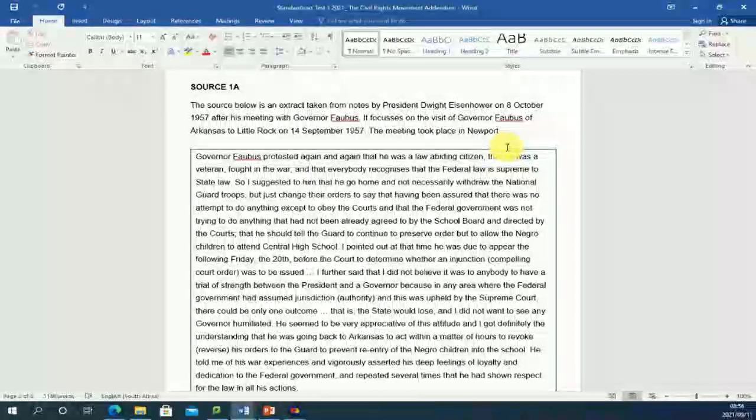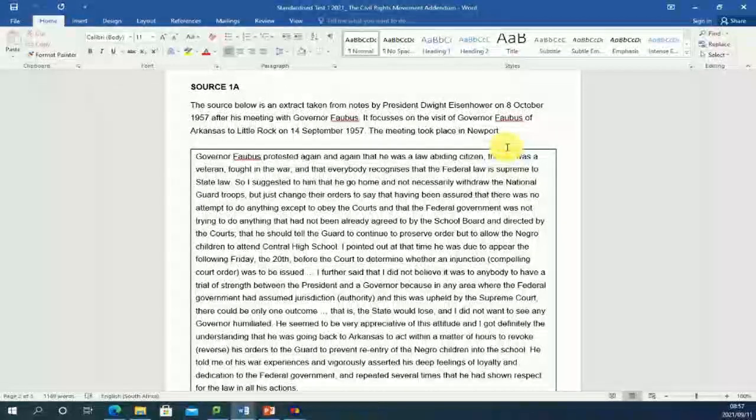Or it could look at a few of those together to see how one event leads to another, okay? For this particular assessment, I focused on the school desegregation, okay?